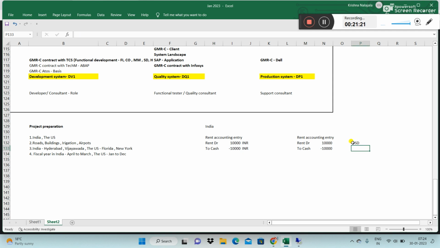Yes, sir. Nothing else will change. Whatever GL account you have here, a rent GL account, you have the same GL account here, right? So everybody has to follow the same structure.